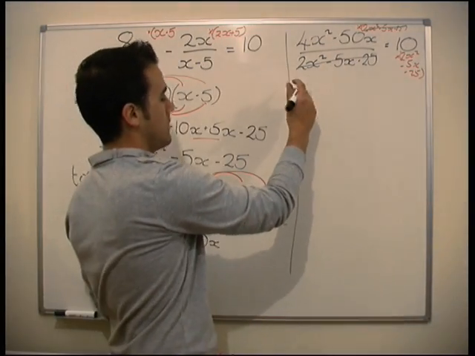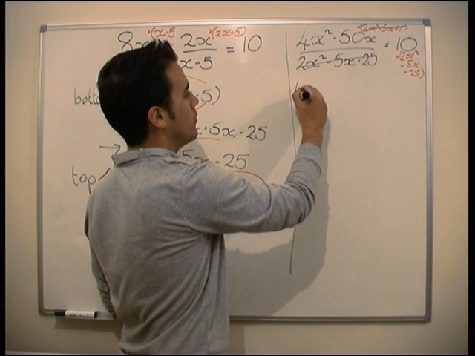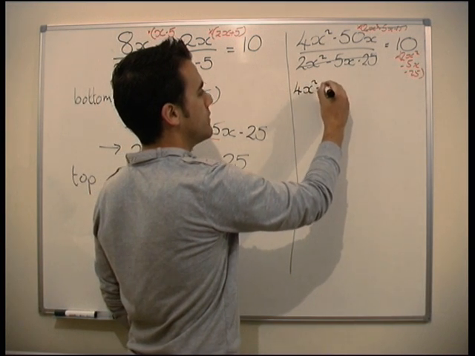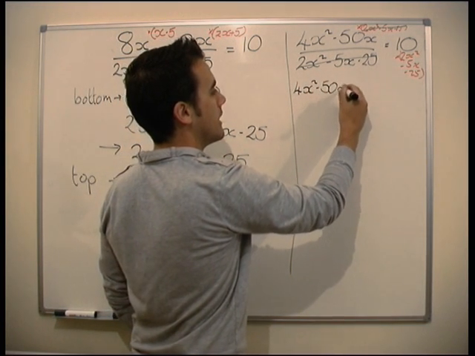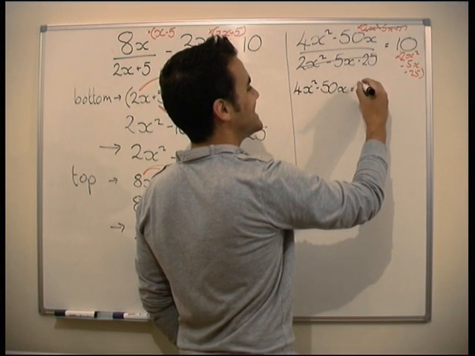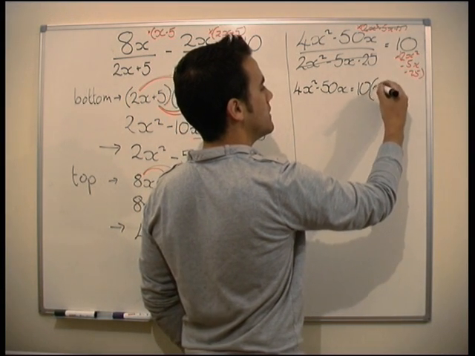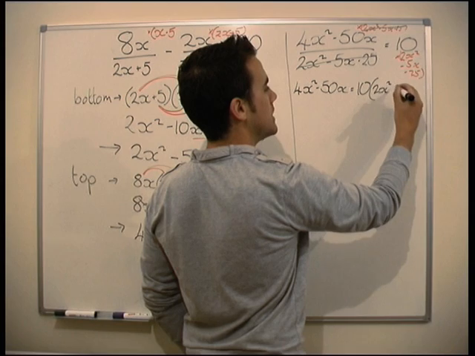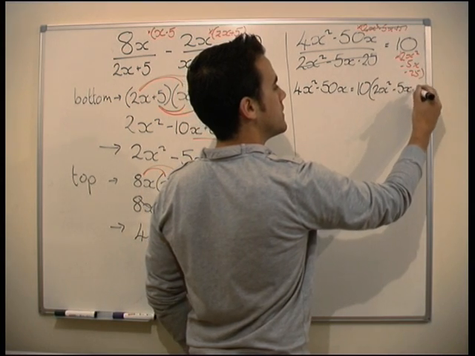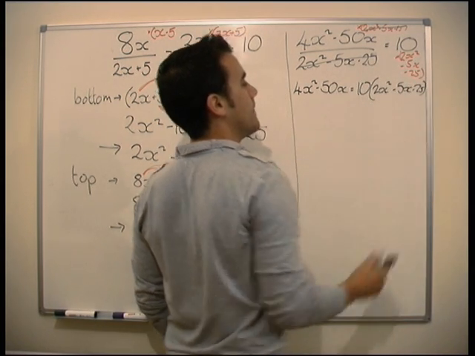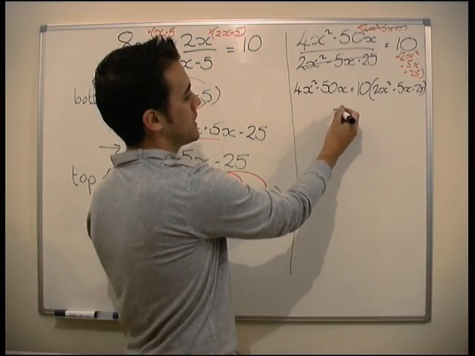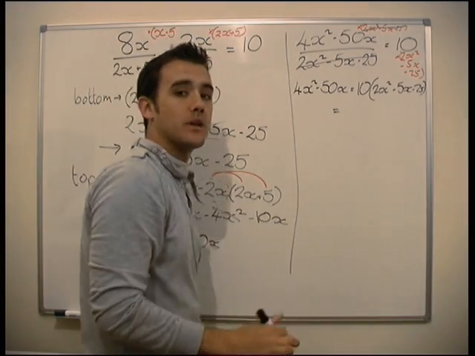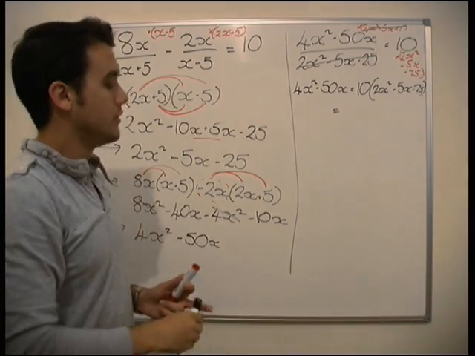So we end up with 4x squared minus 50x equals 10 times by 2x squared minus 5x minus 25. Okay, so like I said, you can leave that and bring it back in a minute. We're going to do this now.